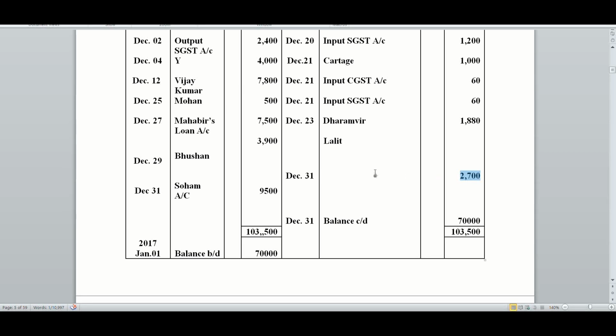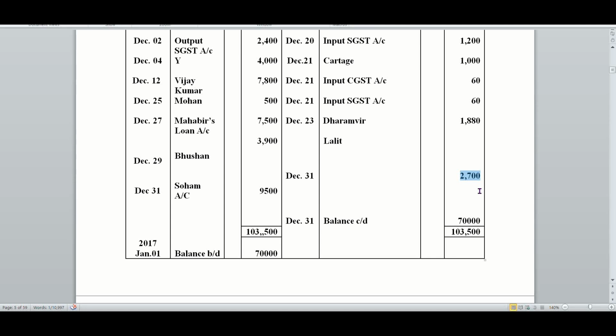The discount received will not come, and on 31st of December, cash account is credited and it is showing on the credit side of the cash account Lalit 2700.